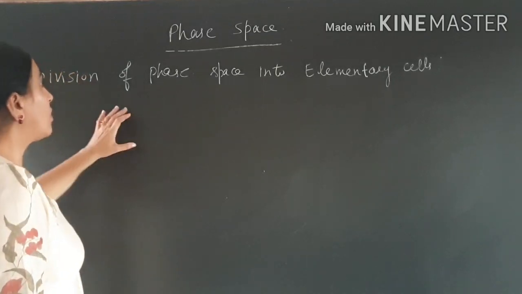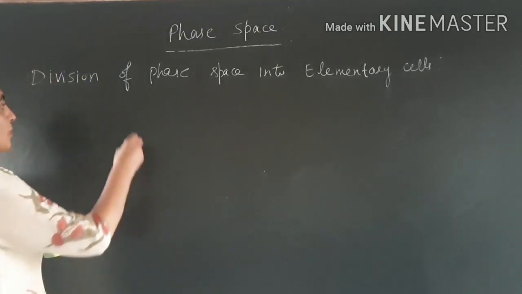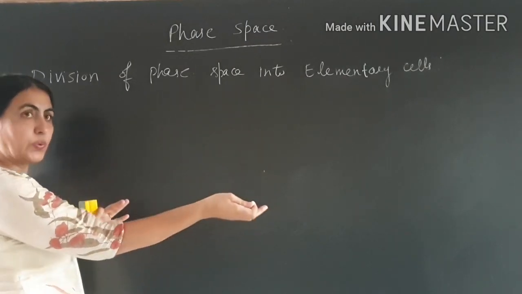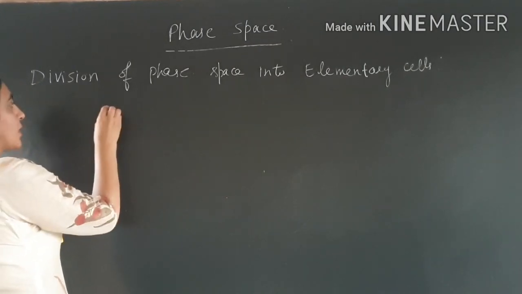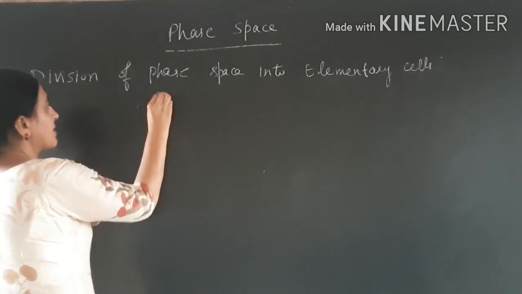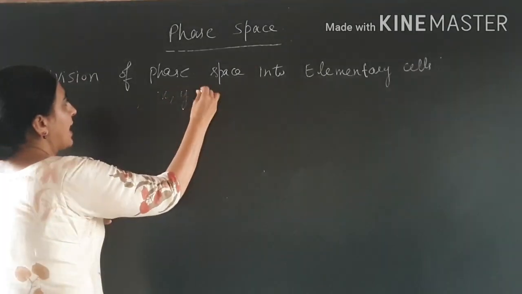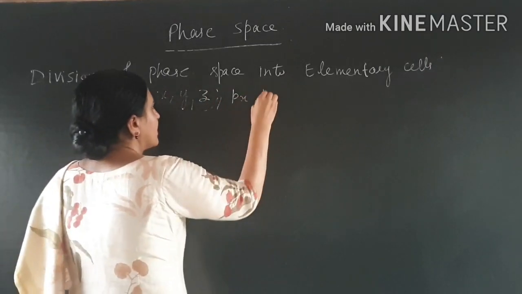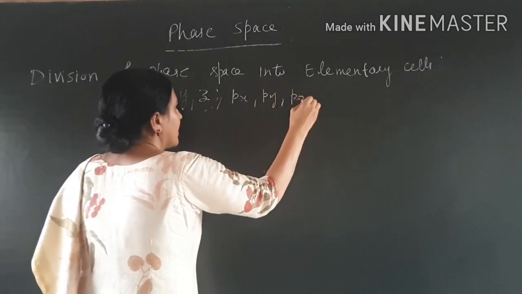Clear? So let's suppose the phase space is divided into compartments and cells, and the phase space has coordinates x, y, z, and px, py, pz. Clear?